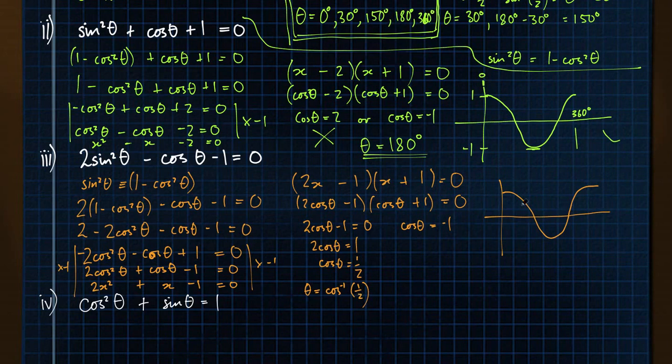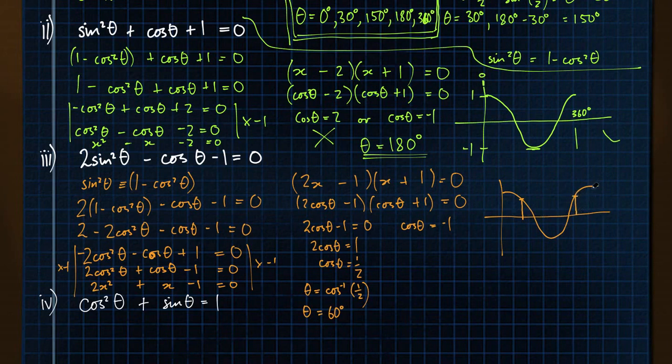A half is cos 60 degrees. I can use my calculator for that, or I might know it. Cos 60 degrees gives you 1/2. So that gives me theta equals 60 degrees. And if I look at this graph, 60 degrees is also going to be repeated here.